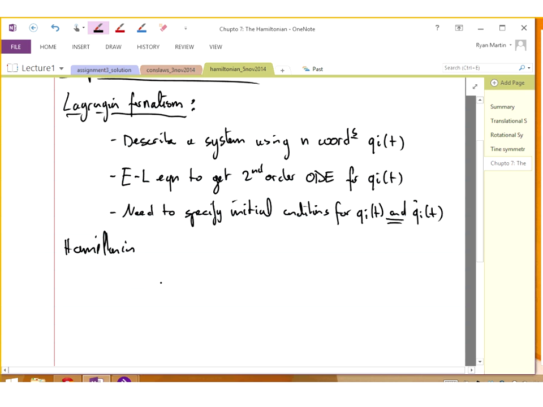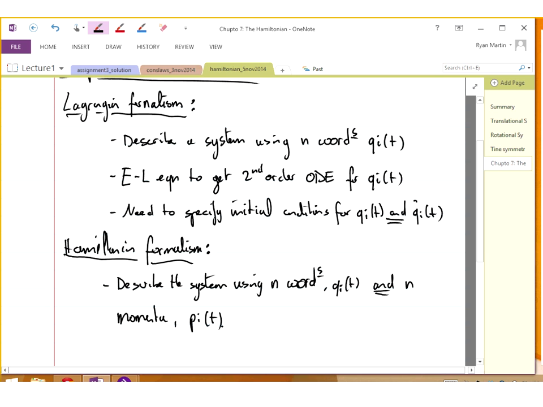So in the Hamiltonian formalism, we describe the system using n coordinates, qi of t, and n momenta, pi of t.